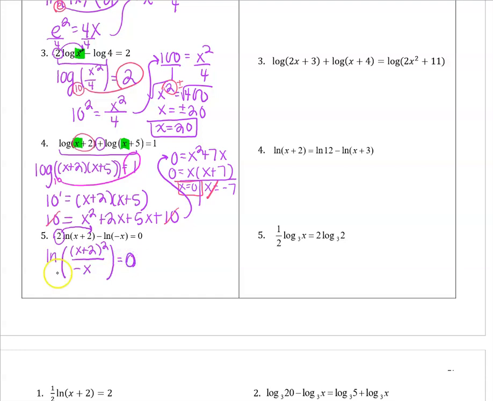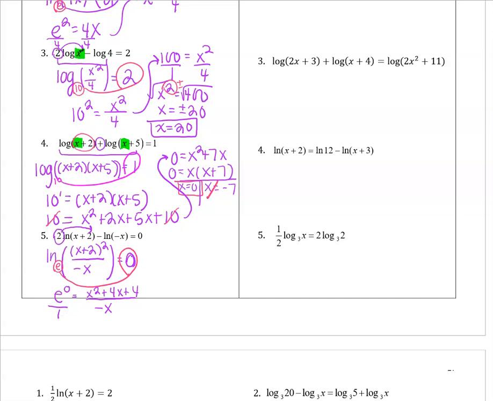Now, as previously mentioned, the natural log has a hidden little base of e. So when I lasso to rewrite this as an exponential, I end up with e to the 0 equals, and I'm going to go ahead and FOIL this, x squared plus 4x plus 4 all over -x.